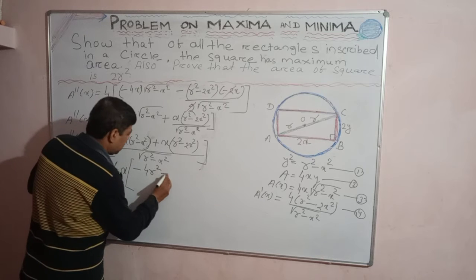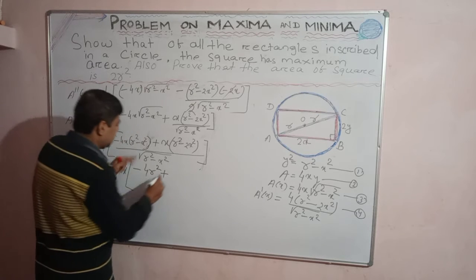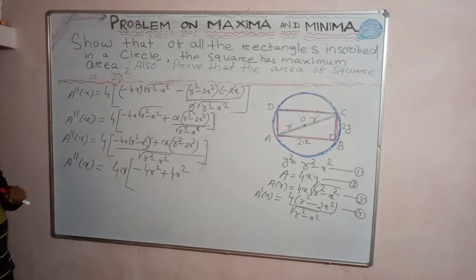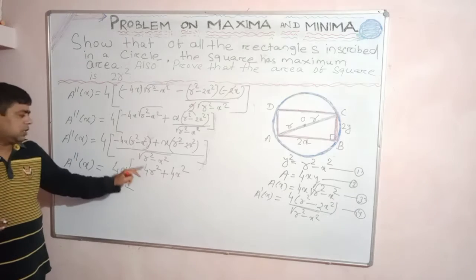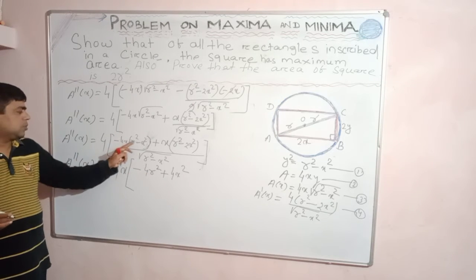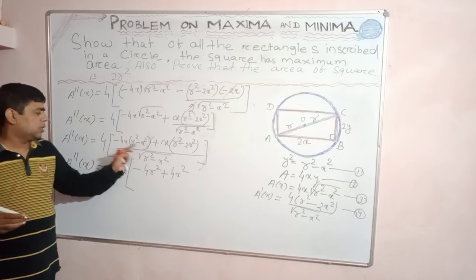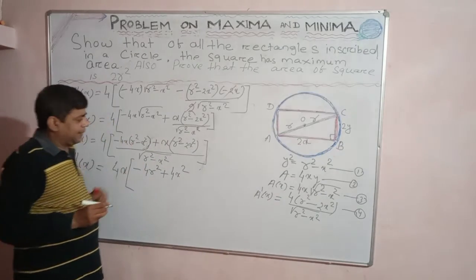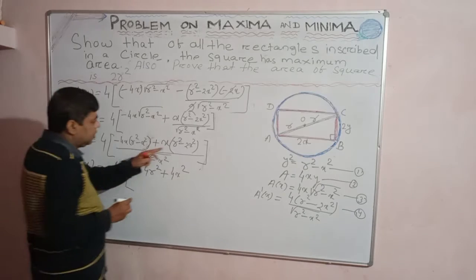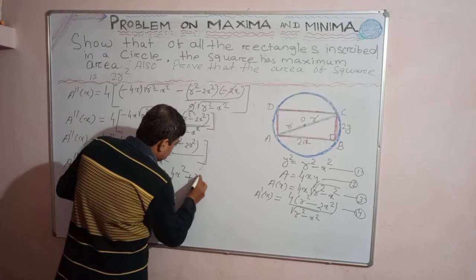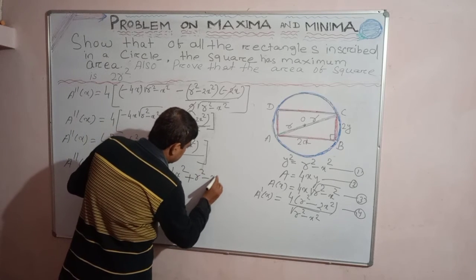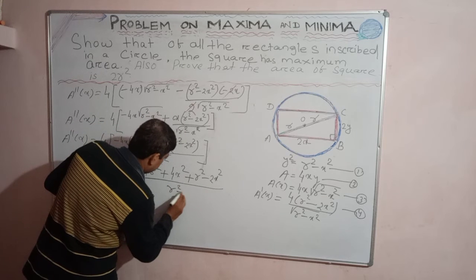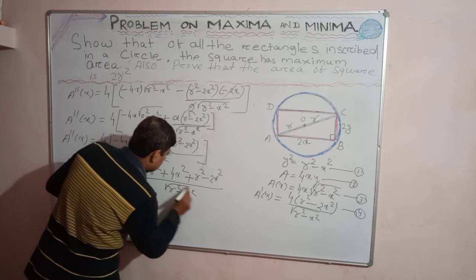Minus in minus is plus, so 4 into x square, 4x square, because already x we have taken common. Same process in the second term, x already taken common, so it will be plus r square minus 2x square whole divided by root of r square minus x square.